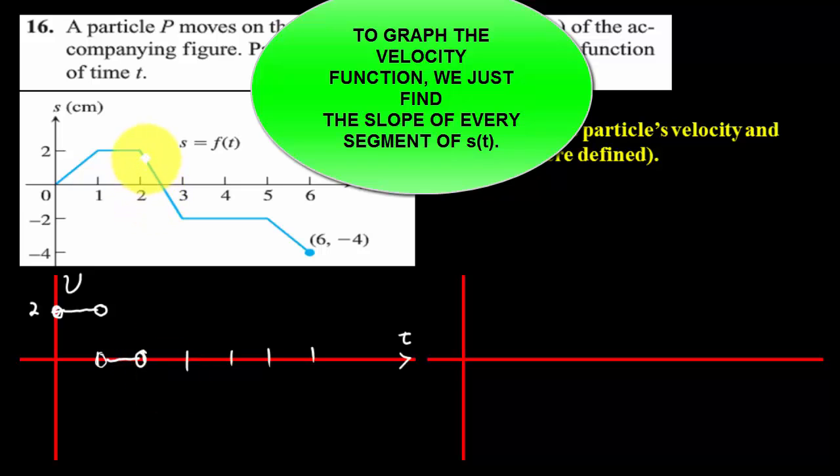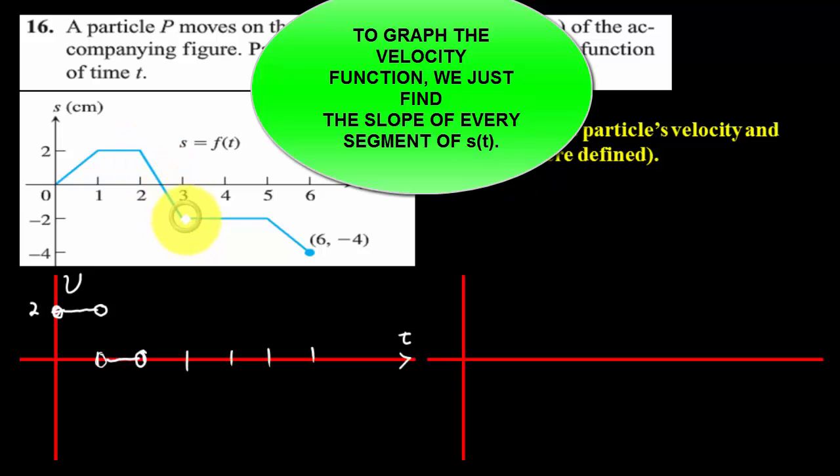And then between 2 and 3 there's a change of direction, moving to the left. So its velocity will have to be negative. What is the slope of this line?